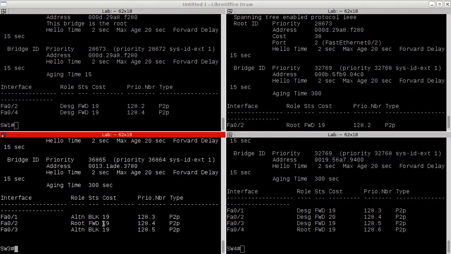But if we change this cost to be a little bit lower, then the link between these two would say that this bridge has a lower cost back to the root, and so it should go forwarding instead.